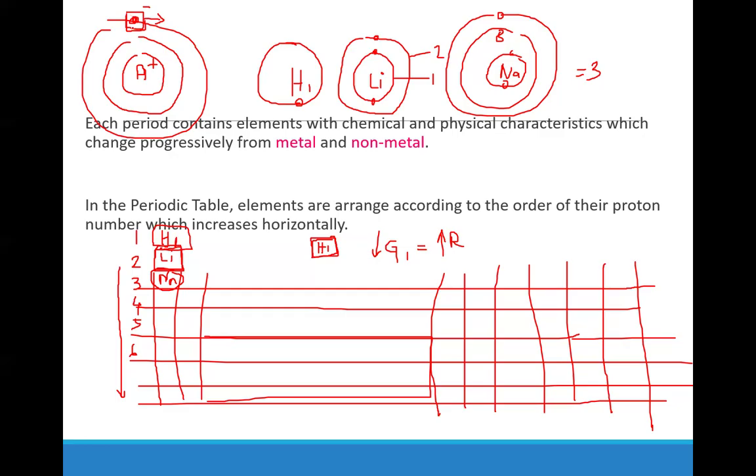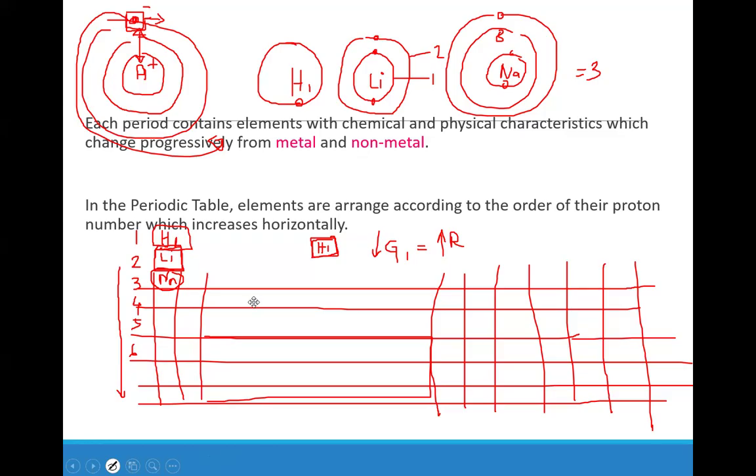So if this electron is moving farther and farther away from the nucleus, the force of attraction, yes, exactly, excellent, the force of attraction will get weaker and weaker, and it will be easier for this electron to just move away, for this electron to just be lost to another element, right? So this force of attraction becomes weaker and weaker, and this electron is easily lost. So that's why the element's reactivity increases down the group, right?